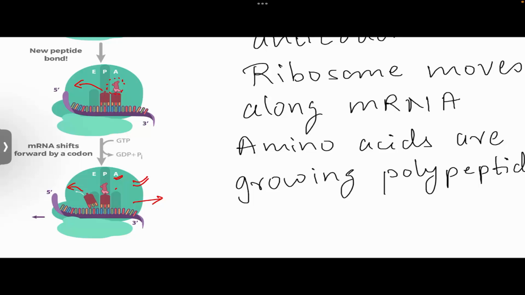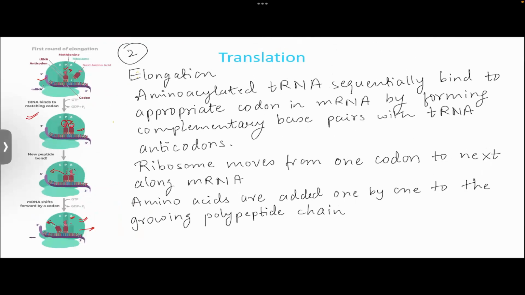These amino acids are placed in close contact with each other, which allows peptide bond formation, and thus the polypeptide chain increases in length one amino acid at a time. So this is the elongation step.